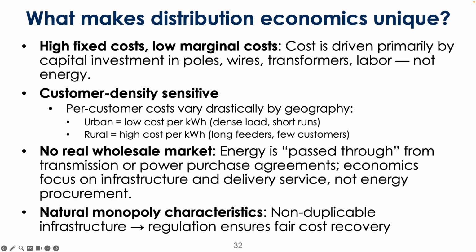It's very sensitive to customer density. Think about a distribution network serving a really high density area, like San Francisco, where you have high population density and lots of customers using it. In those contexts, you have a low cost per kilowatt hour, dense load, and shorter runs for a lot of your conduit.